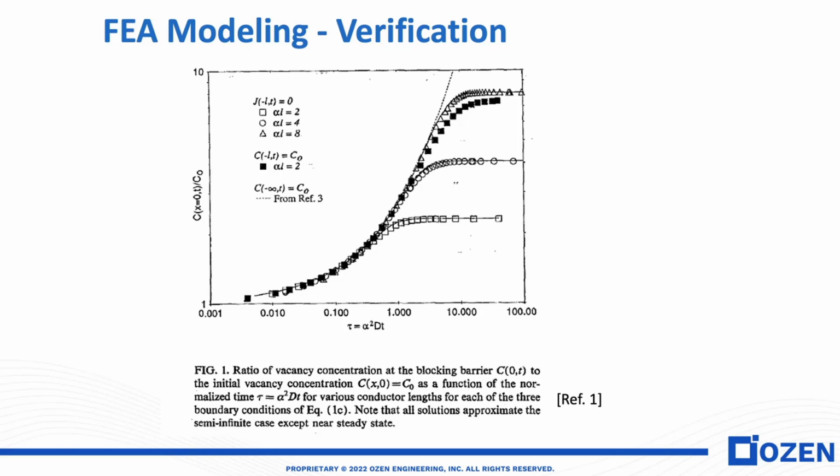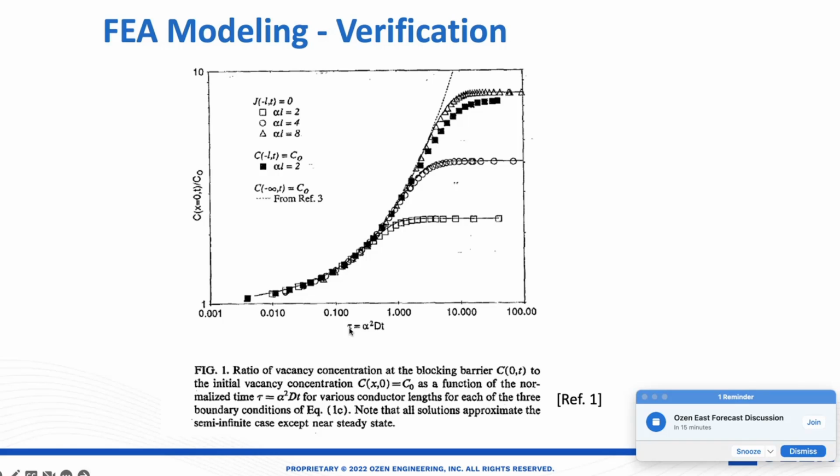This equation was solved back in the 1990s in reference 1, where they produced the results that you see here, where the x-axis is basically normalized time, and the y-axis is concentration, the atomic concentration.